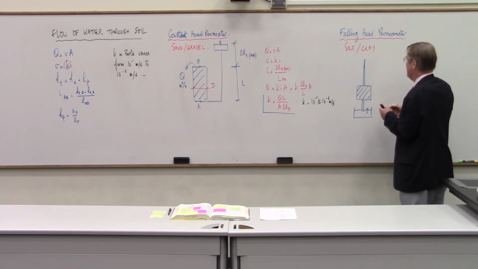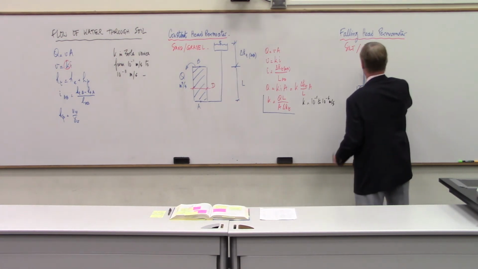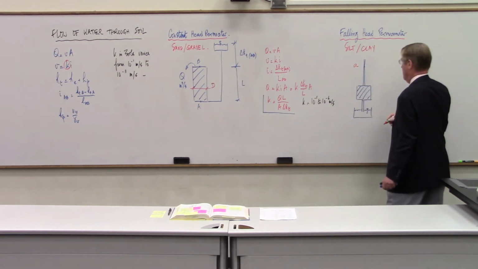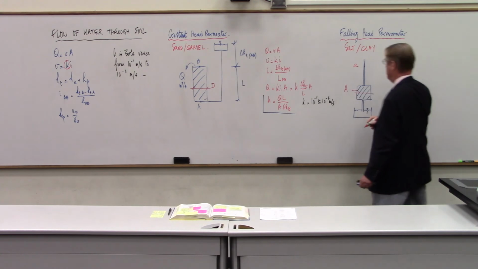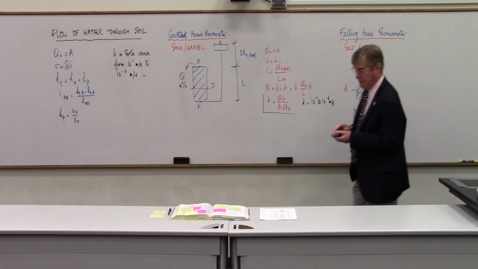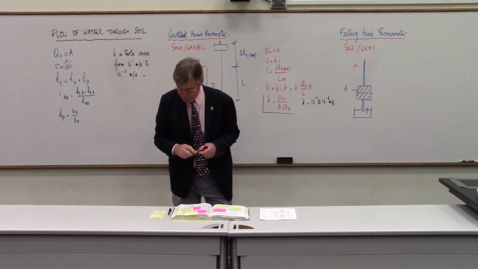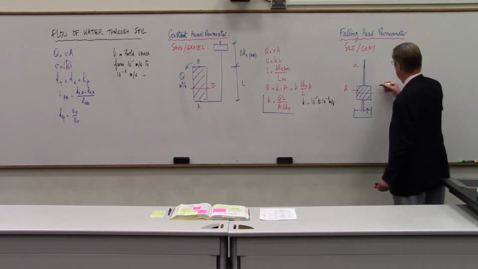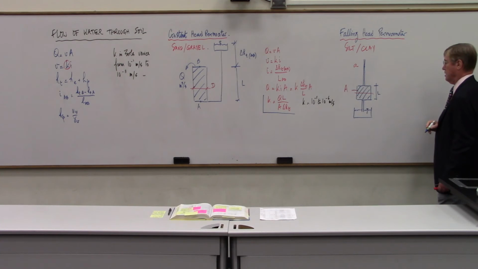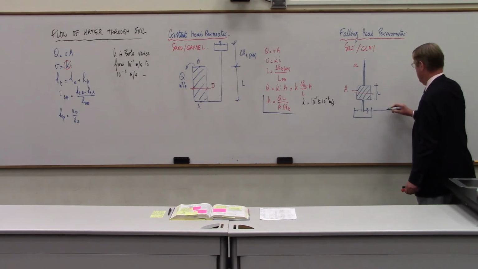So let's say that the area here in the tiny tube is little a, and then the area in the sample is capital A. And the length of the sample is L. So this is L. We have the water level right here.